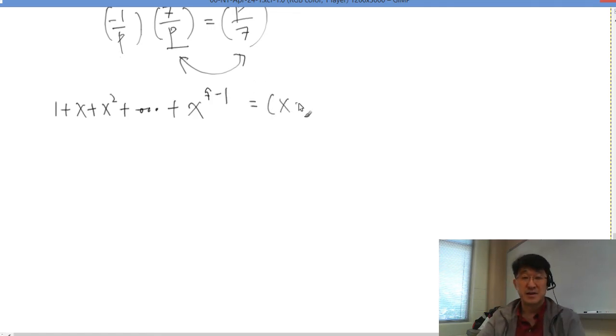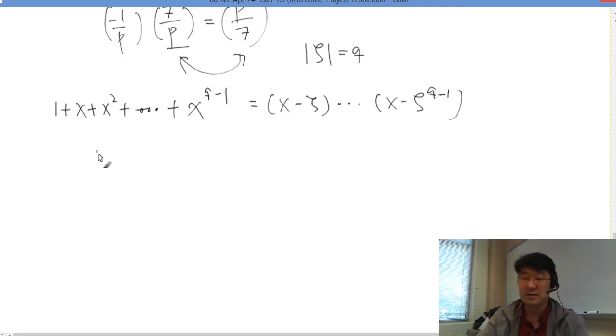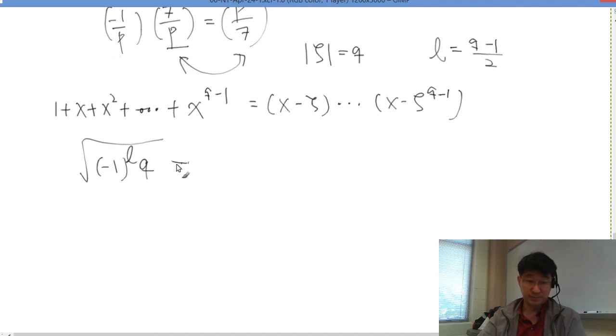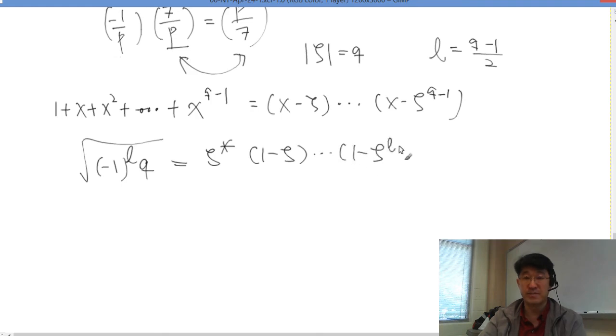And then this factors as x minus zeta, where zeta has order q, all the way up to x minus zeta^(q-1). Then (-1)^L, where L ranges over the half residue system, q minus 1 over 2, times the square root of q is described in this form, all the way up to the half residue system.